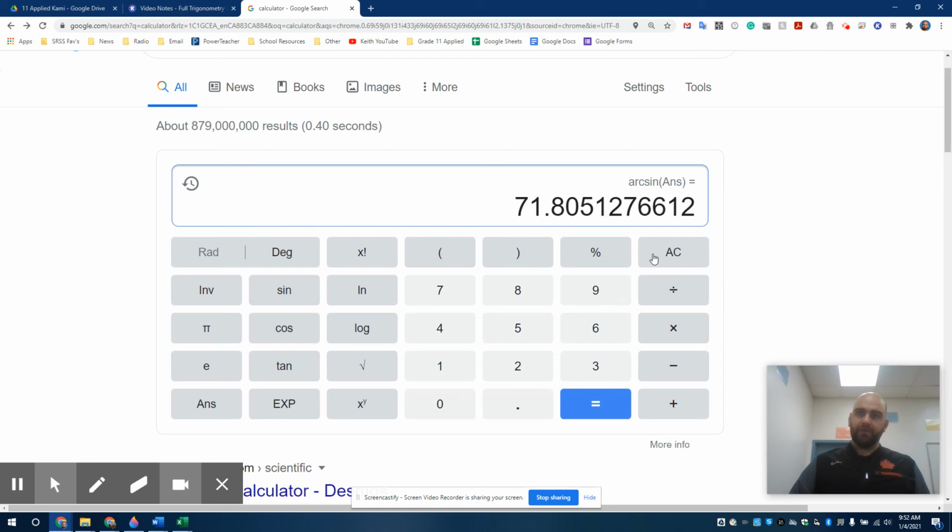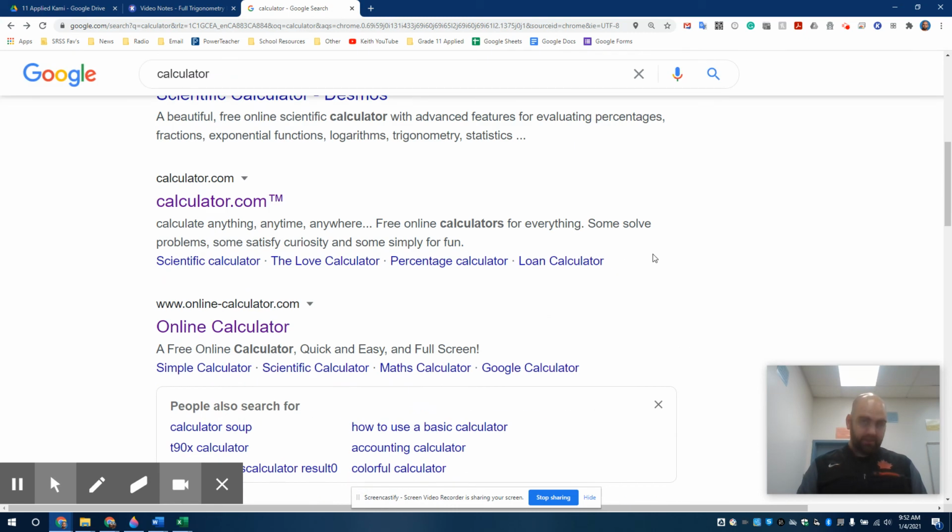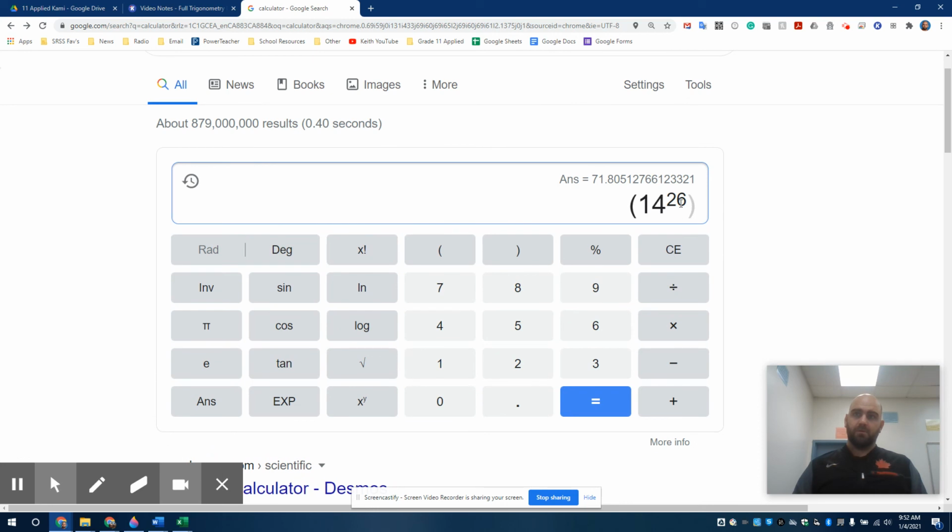And so what we're going to have here is 14 squared minus 6 squared minus 10 squared. I'm going to redo that all again because I want to do brackets. 14 squared minus 6 squared minus 10 squared, divided by, notice the brackets, negative 2 times 6 times 10, not minus, times 10.